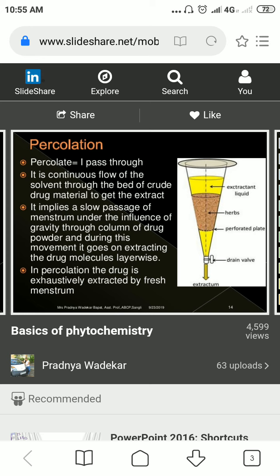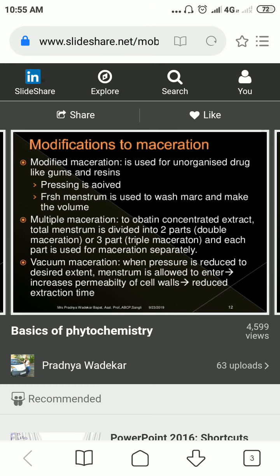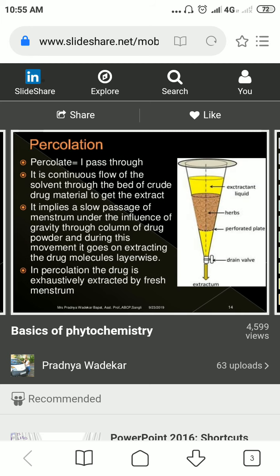Then we also have to remember the modified maceration methods: multiple maceration, vacuum maceration, kinetic maceration, remaceration, and circulation maceration.